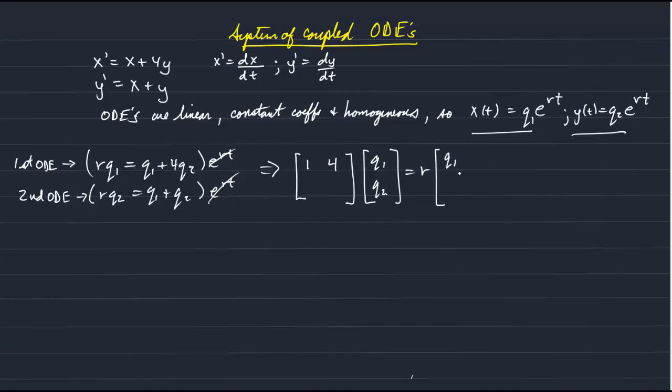So this is the first equation. And then for the second equation, we have a 1 and a 1. So q1 plus q2 is equal to r times q2. Or, in other words, this is A q is equal to r q.